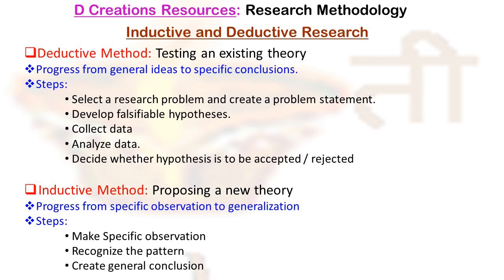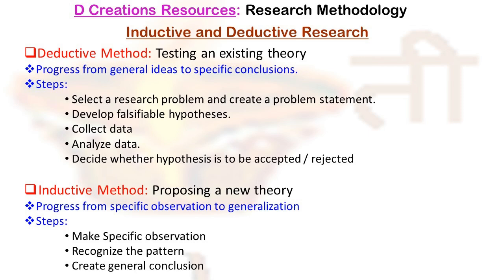So you can make a statement that all biological life depends on oxygen for its existence. Okay, so this is your theory. Now you're formulating a hypothesis that all plants depend on oxygen for their existence. So this is your hypothesis. Now you are going to collect data.